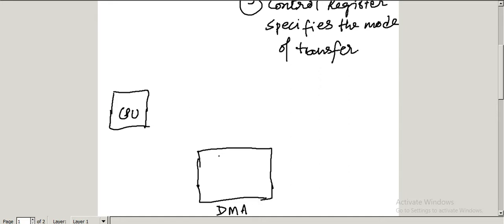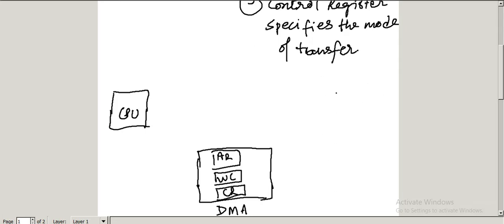DMA has three things: the address register, then the word count, then the control register. When you draw this block diagram, please mention the full form of these three registers on the right or left hand side, whenever you want, so that there will be clarity about what the DMA is and what its contents are.